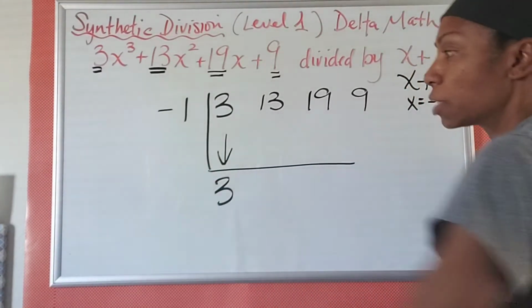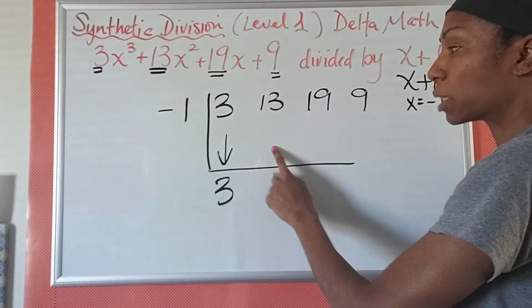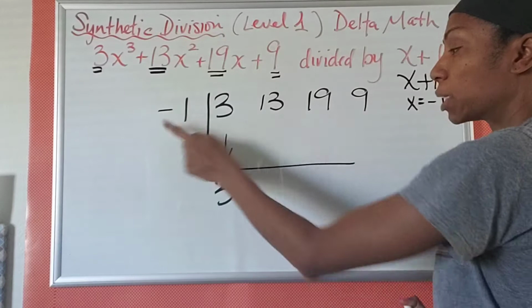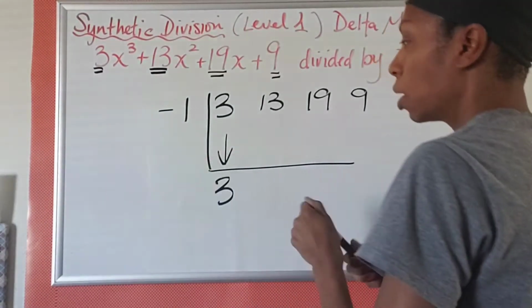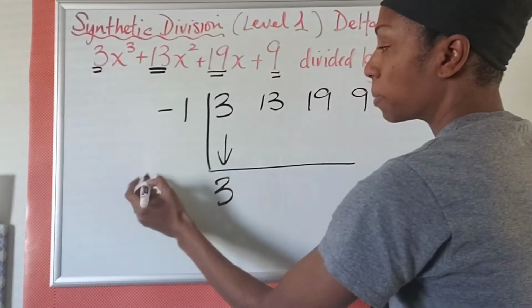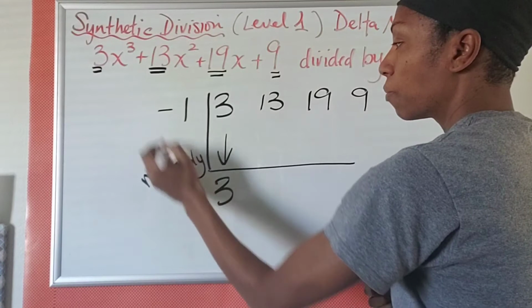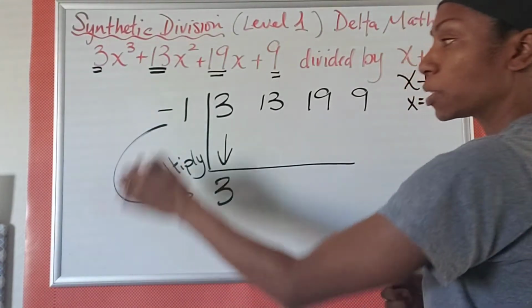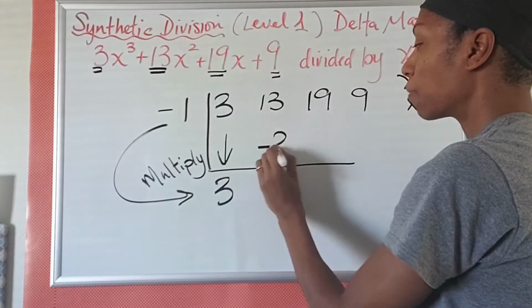Okay, so from here to here, we're going to multiply and then subtract. Multiply, subtract. Multiply, subtract. Check it out. So let's multiply from these numbers to these numbers. What's -1 times 3? -3.